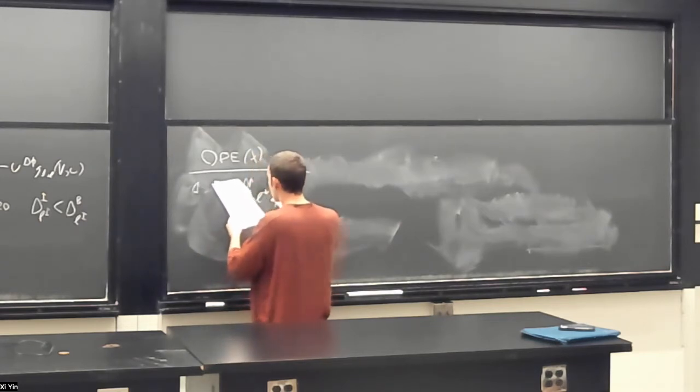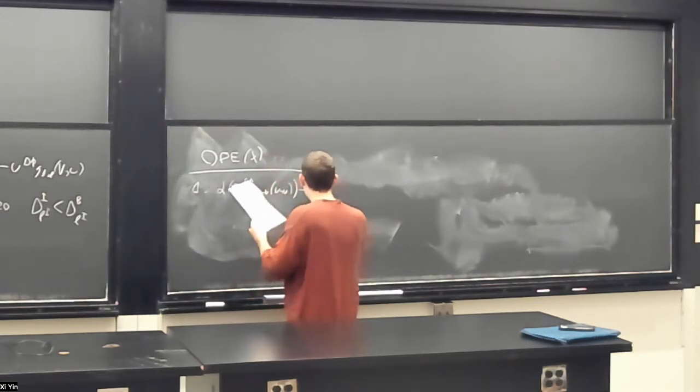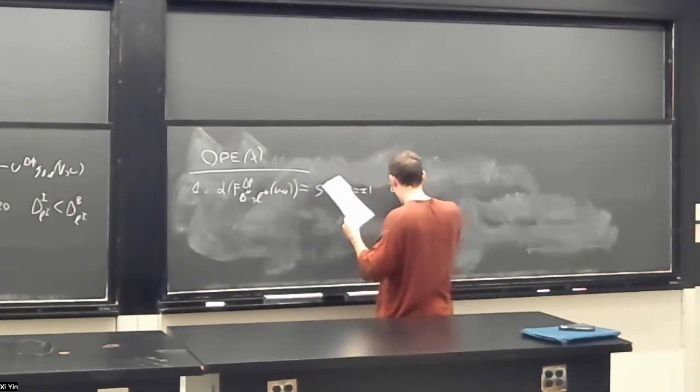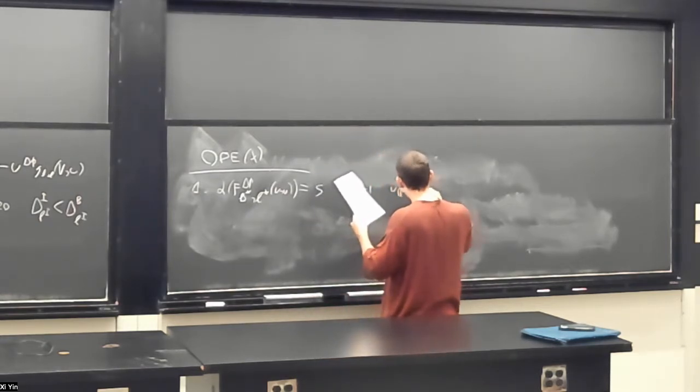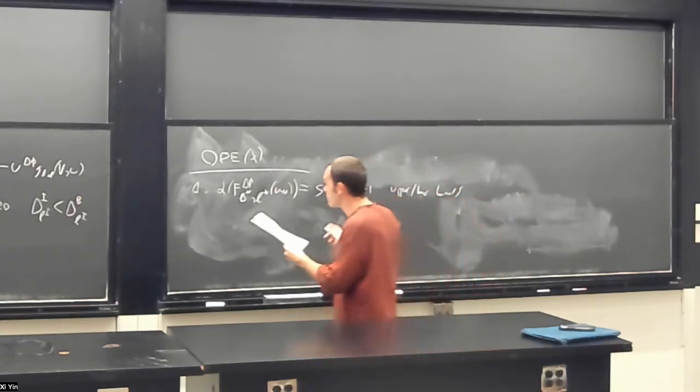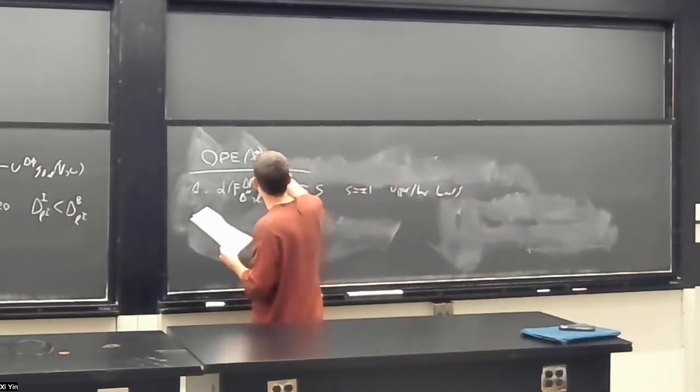So this is some specific operator, some specific scaling dimension and spin. And I'm going to normalize this to be S, where S is either plus or minus 1, depending on whether you want upper or lower bounds on the OPE coefficient of the operator star.